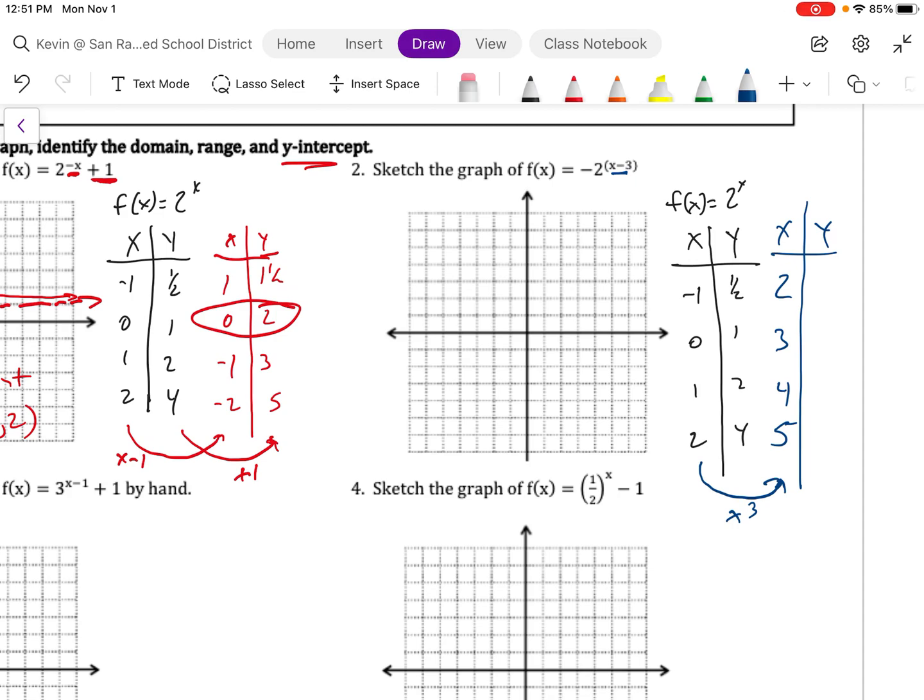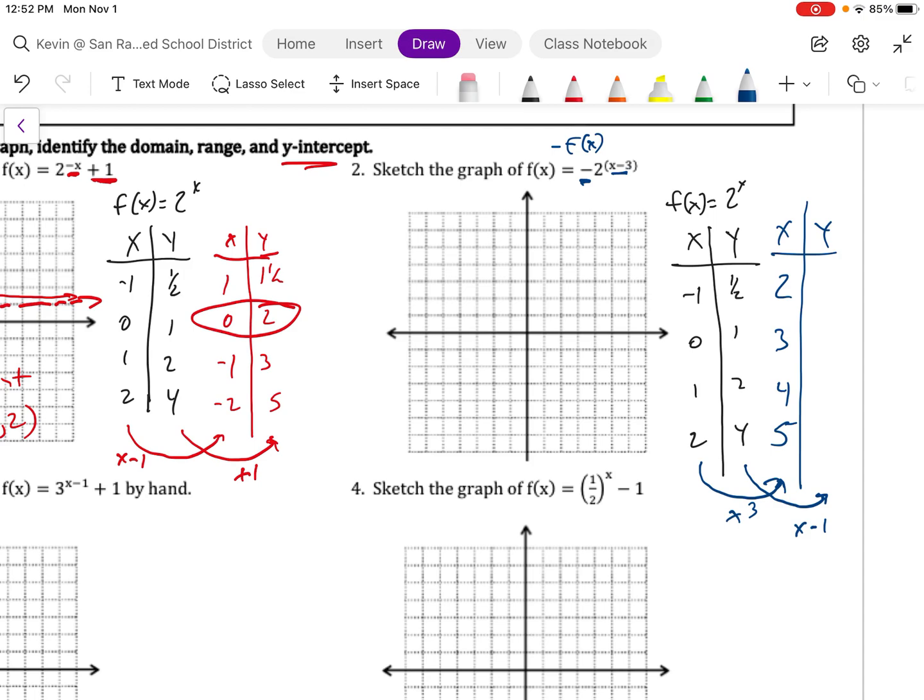For my vertical transformation, all I have right here is this reflection. This says we're taking negative f of x. So we're taking our entire function, our output, and we're just going to flip those signs. So again, I would take my y values over here, and I basically multiply by -1. That flips all the signs from the parent function.